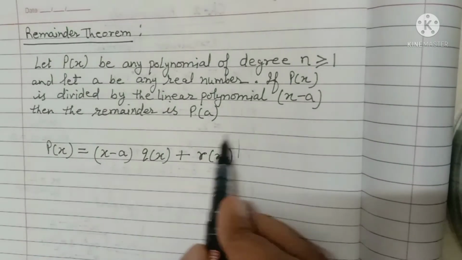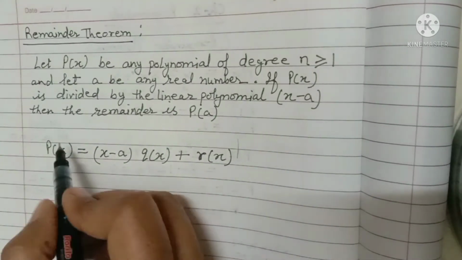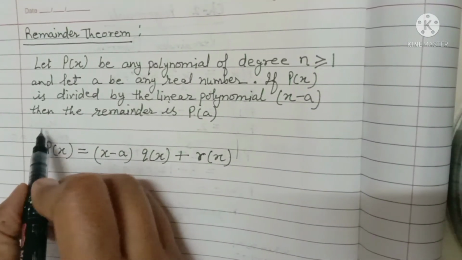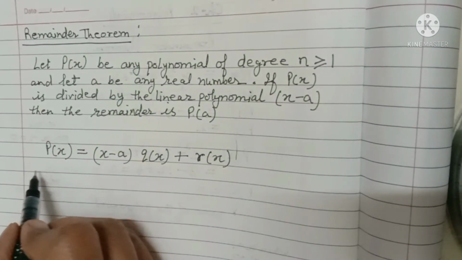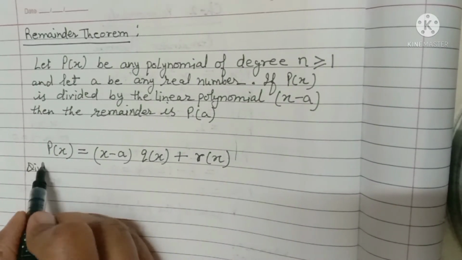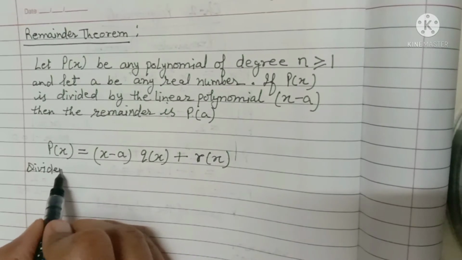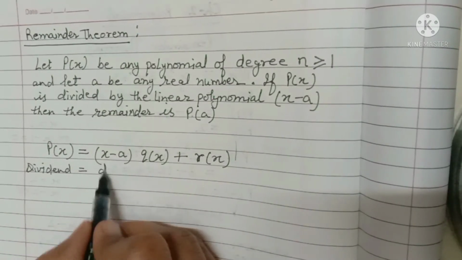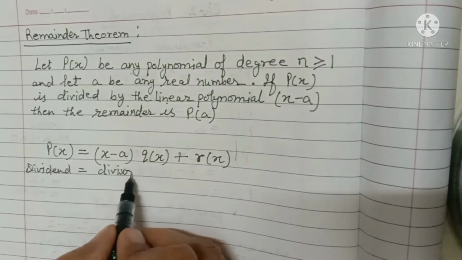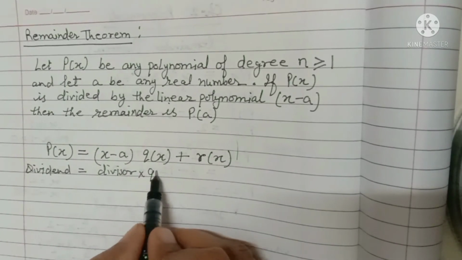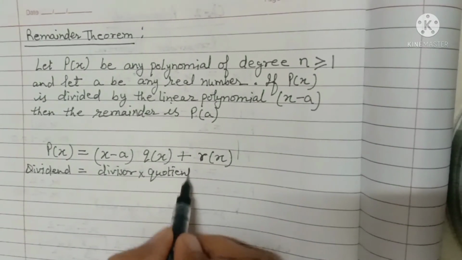So this is the relation, and you know that dividend is equal to divisor into quotient plus remainder.